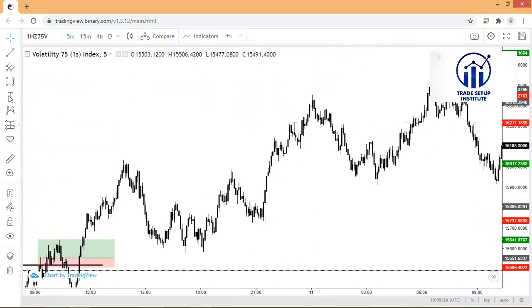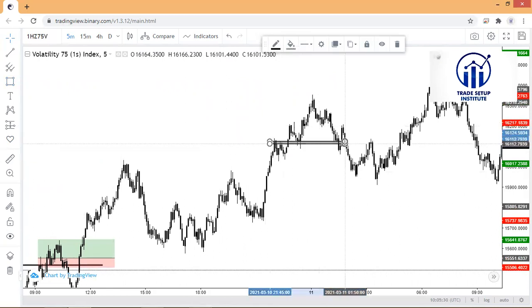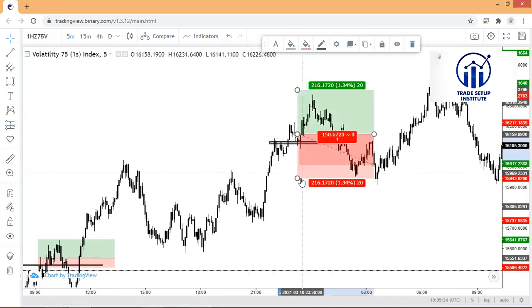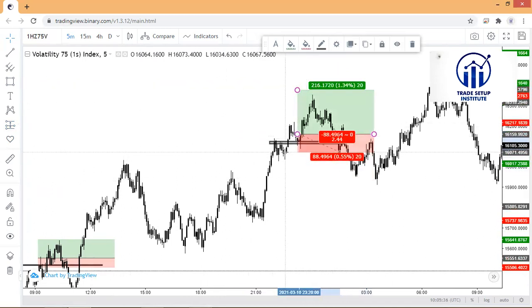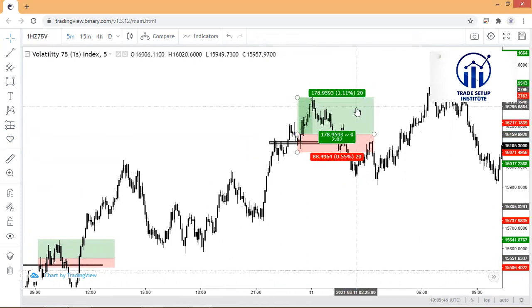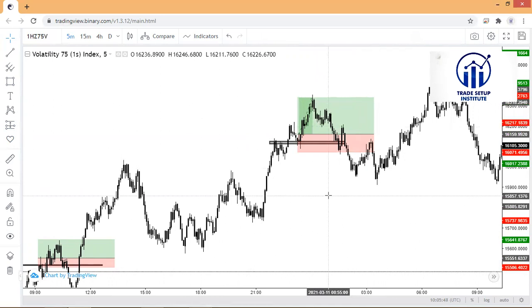Let's go here again. Market came back, change of momentum. Okay, 1 to 2 risk to reward ratio.